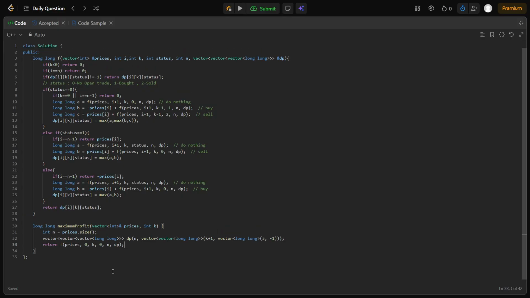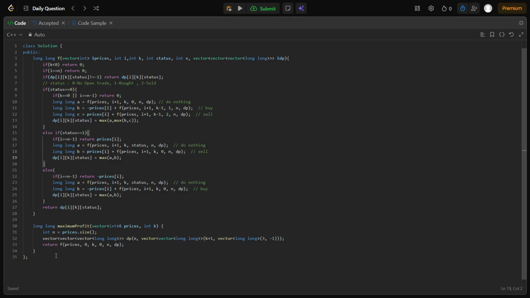So yes, this was one problem, and if we can see here, our time complexity would be k into n into 3, which is basically k into n, and our space complexity will also be the same.